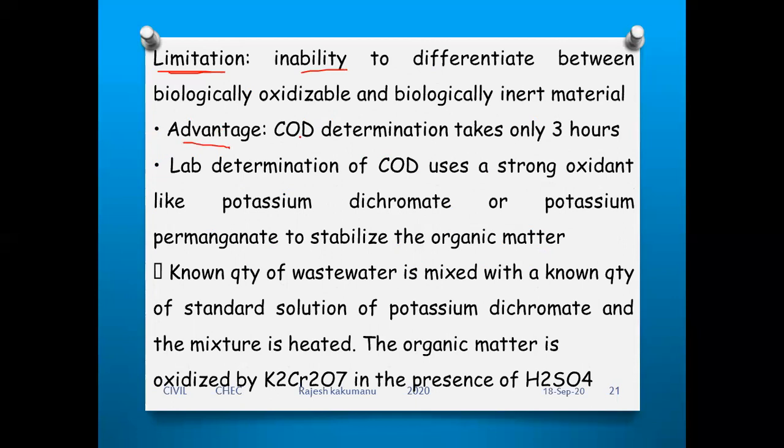COD determination takes only 3 hours. The best advantage of COD is that it takes only 3 hours for the examination. The lab determination of COD uses a strong oxidant, such as potassium dichromate or potassium permanganate, to stabilize the organic matter.